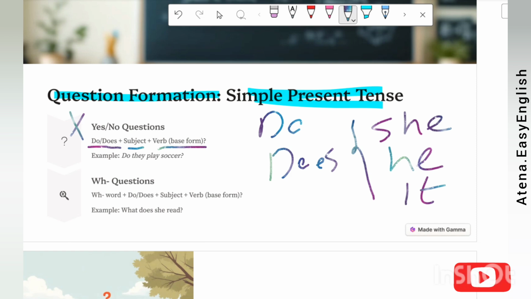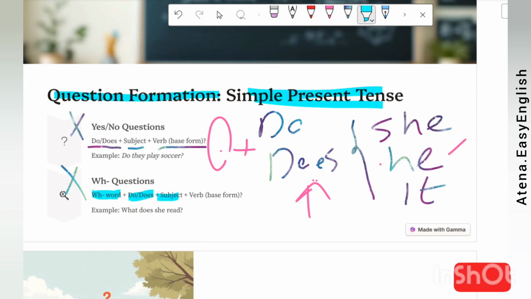Very nice. And how about WH questions? When we have a WH question, we put the WH word before do or does. What does she like? How does he feel? So look at here, we have the WH word, do or does, subject, and then the verb.